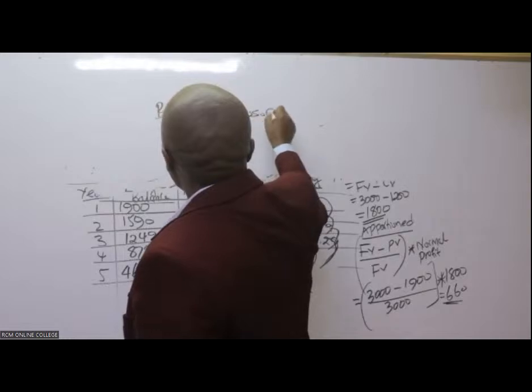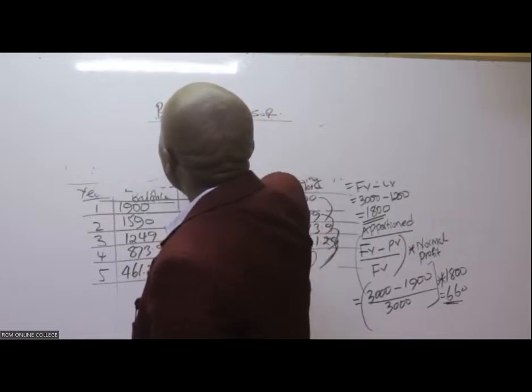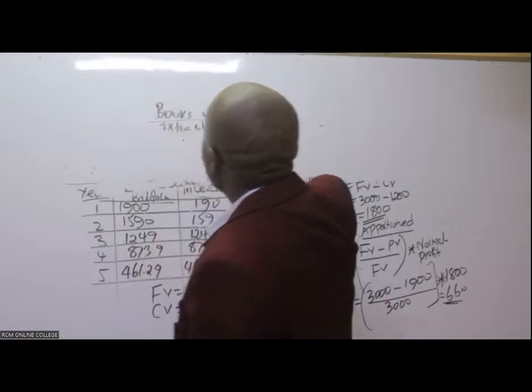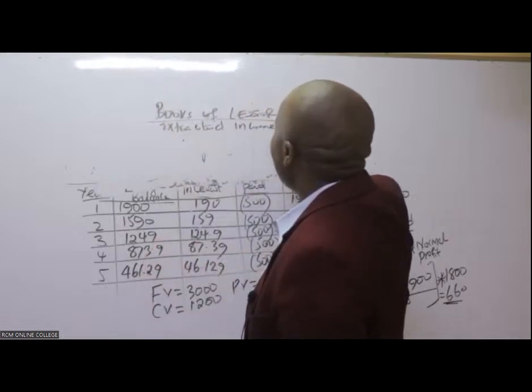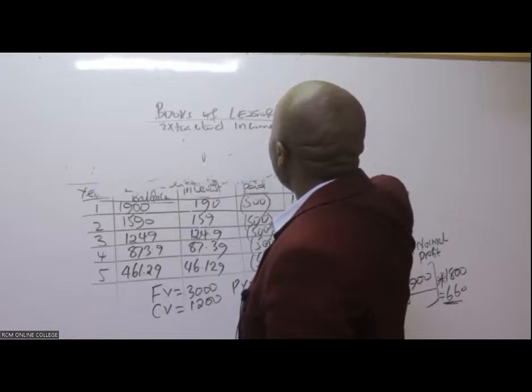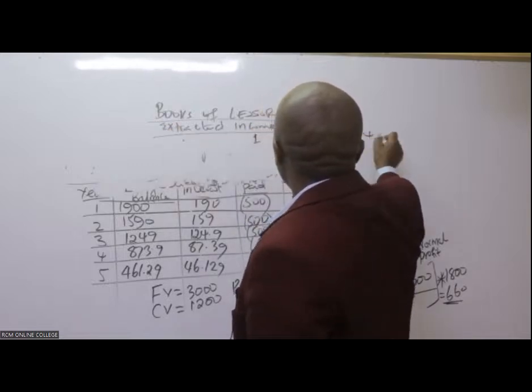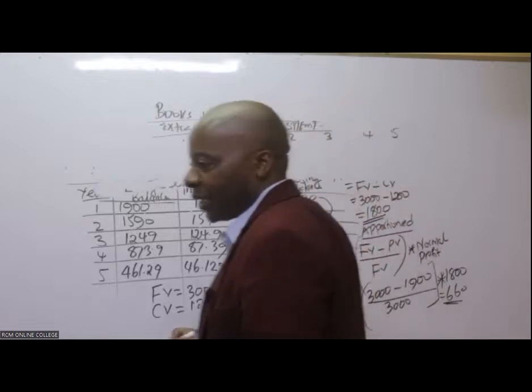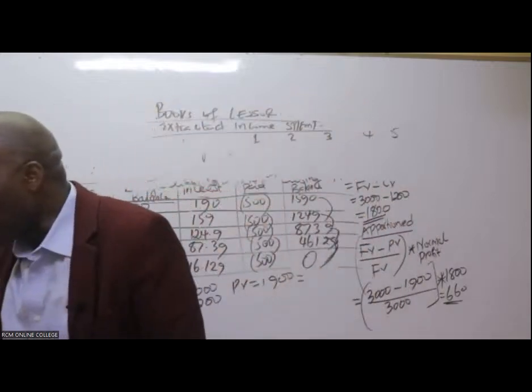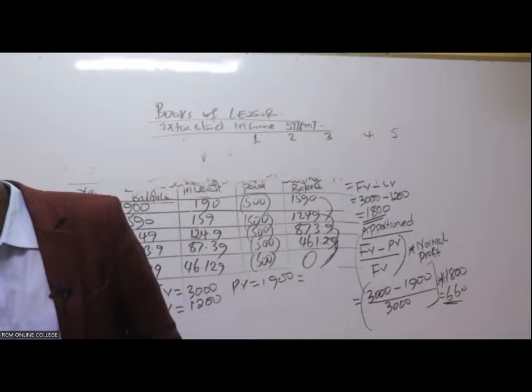So the lessor, in the extracted income statement, what is this guy going to recognize? Year 1, year 2, year 3, year 4, year 5. What is he going to recognize?